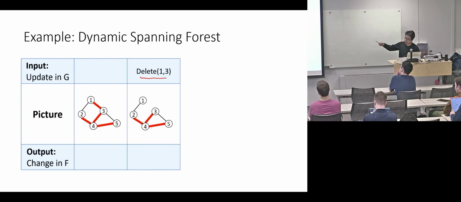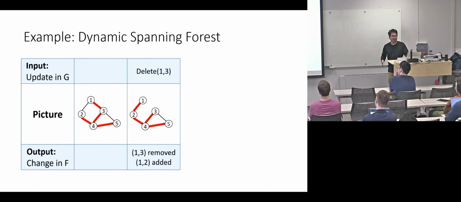But then the red graph here is not a spanning tree anymore, so you need to update it. For example, you add this edge. Now you get a new spanning tree. So what you output is how you change the red graph to get a new spanning forest.